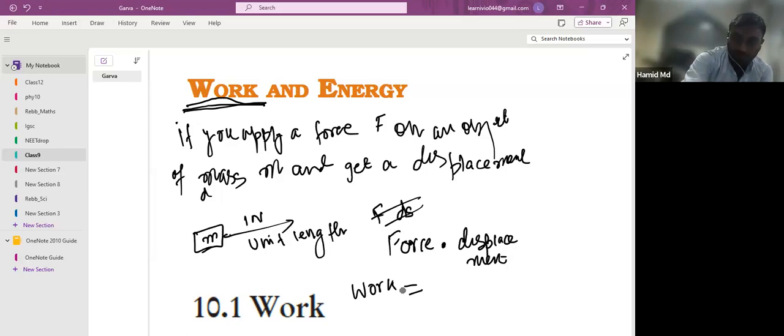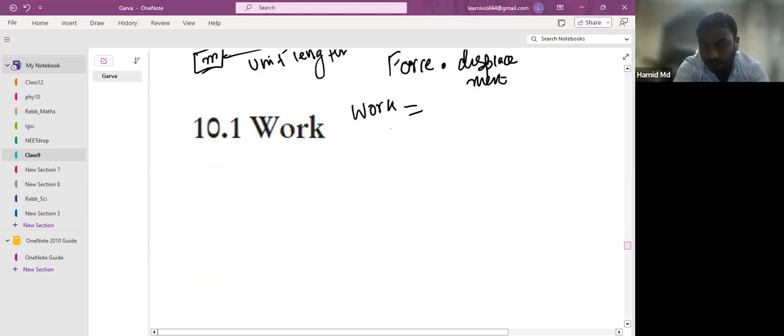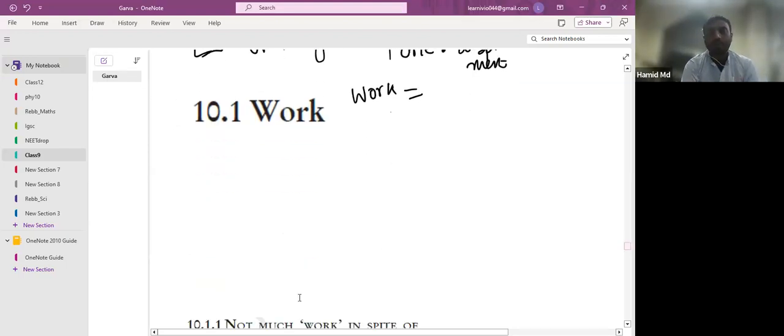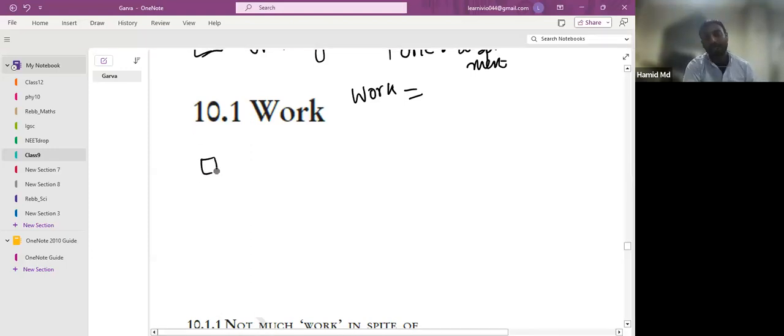Now I'm asking you a few questions. This is a block of mass 1 kilogram, and we made 1 meter of displacement applying a force F. So what will be the work done?